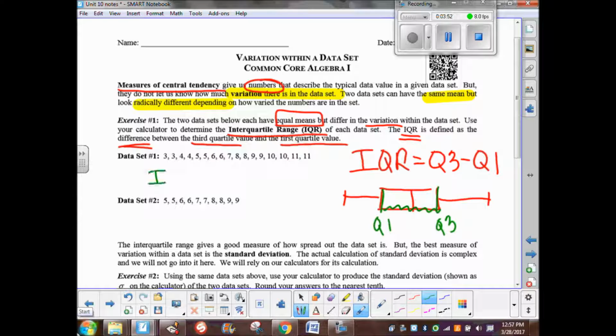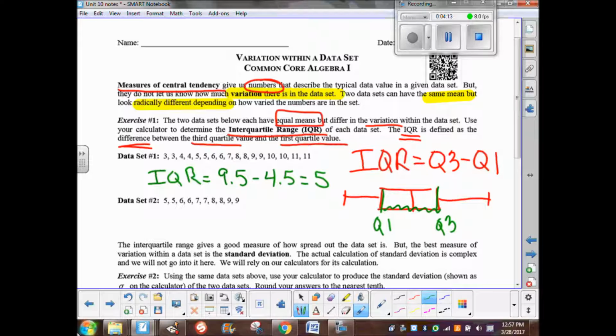So the IQR for data set 1: 9.5 minus 4.5 gives us 5. If we were to make a box plot for data set 1, the box would be 5 integers wide on the number line.